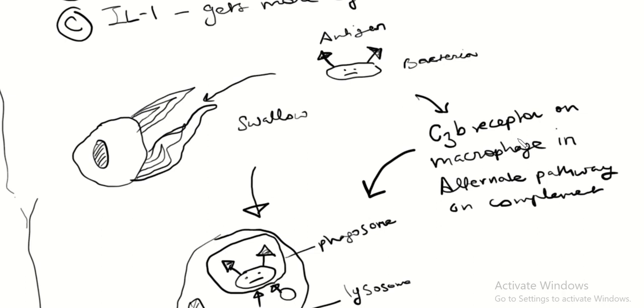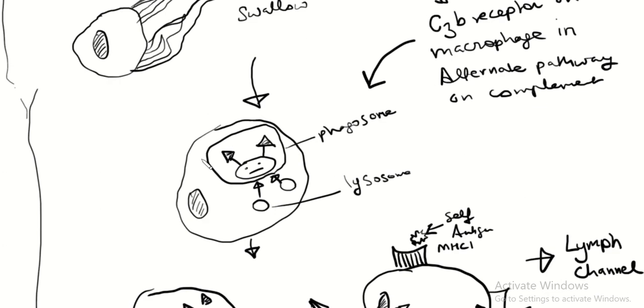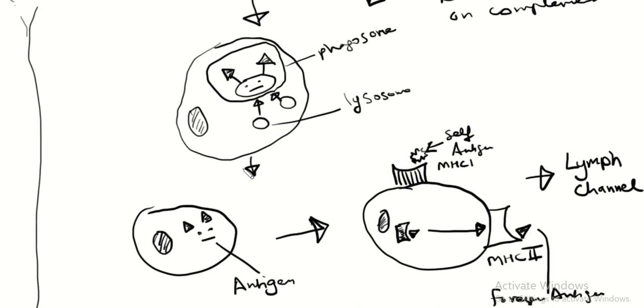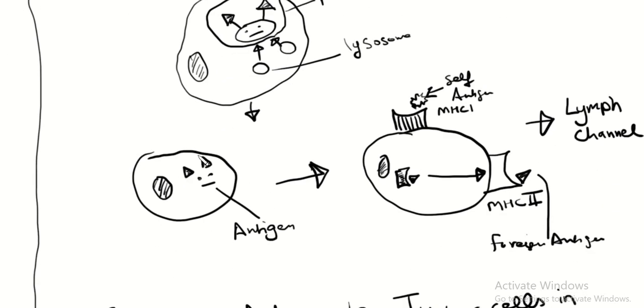Remember that? That's the alternate pathway. The result is the same. It gets swallowed. Okay? And then you have lysosomes that act on this bacteria that's swallowed. Okay? And then it gives you antigens.